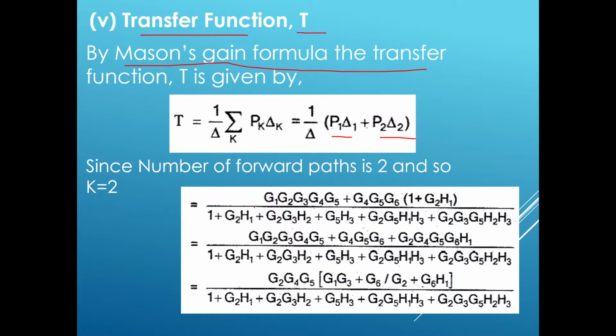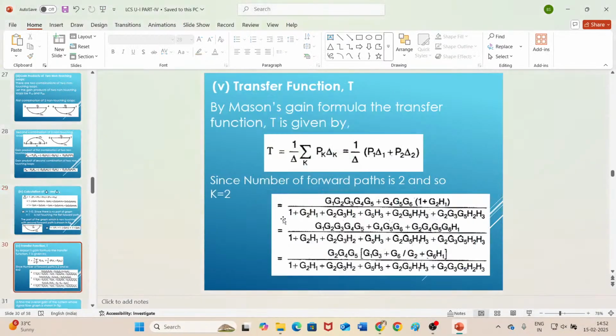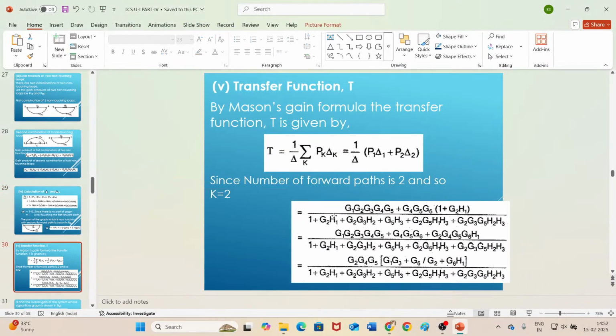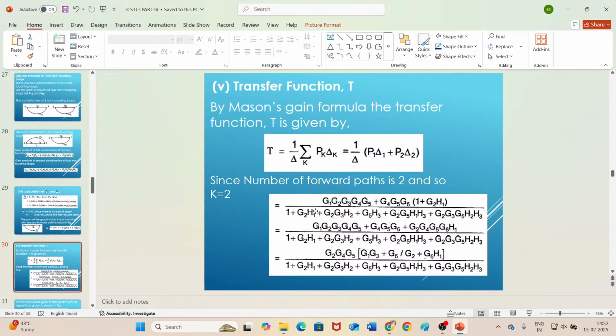So what is T now? Here I have written something, so I might not have written the formula. Here something is missing, some formula. Here T is equal to what? I'll just write it down.